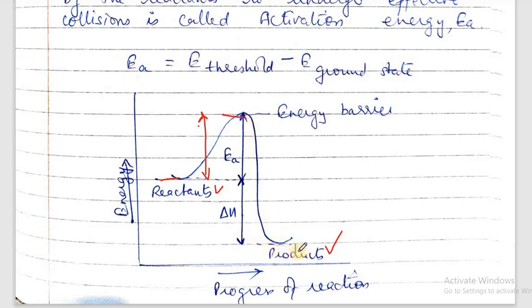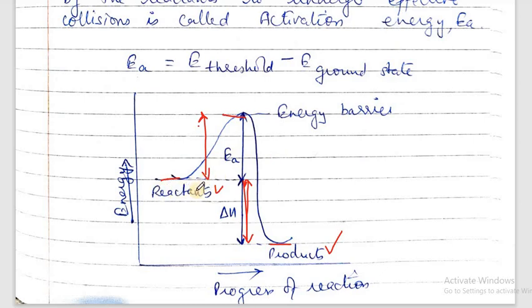And when forming the product, this amount of energy will be released, and this is the energy of the products. So this is the energy of reactants, this is the energy of products.